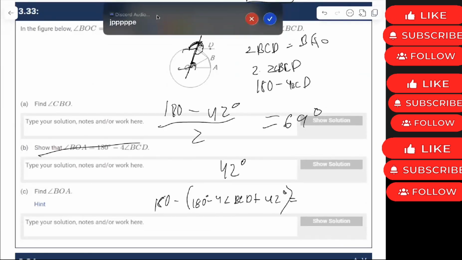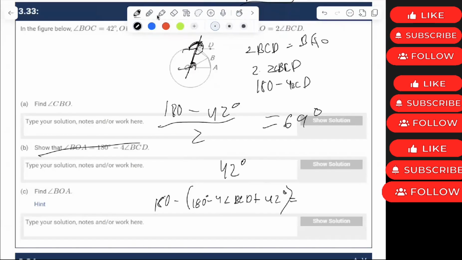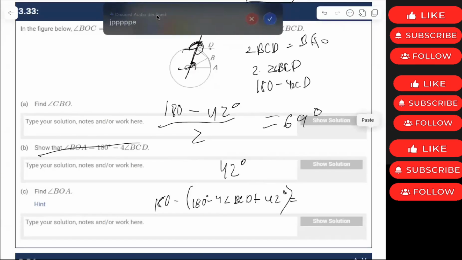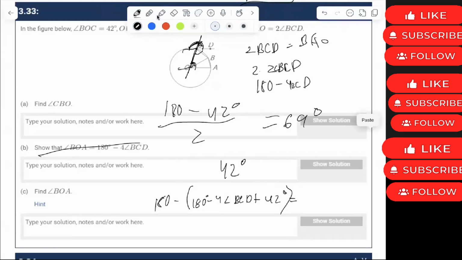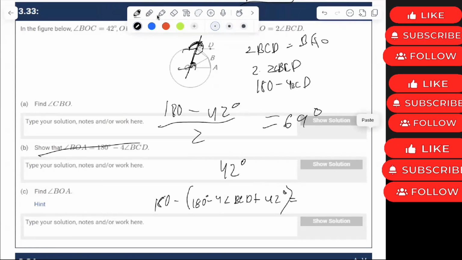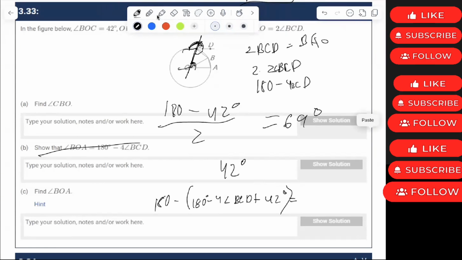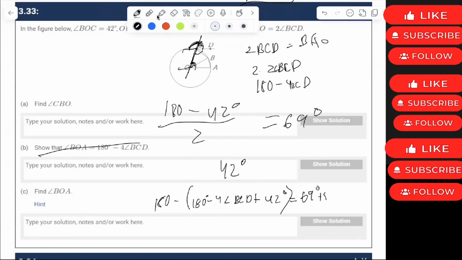Notice that OCD, that's the 180 minus part, is going to be equal to OCB, which is CBO also, or 69 degrees, plus BCD.